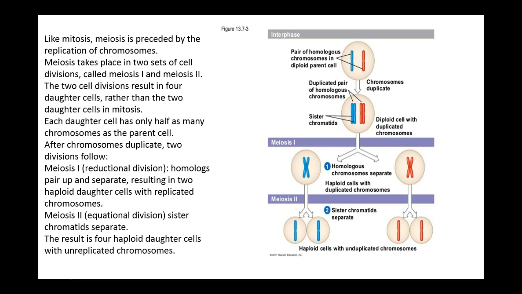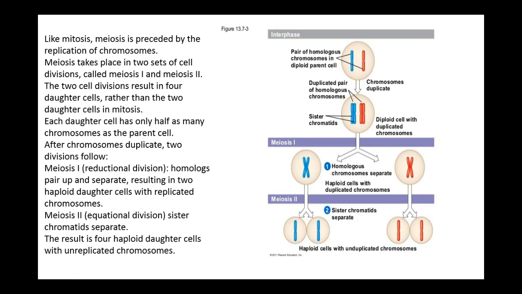And so we still call them haploid daughter cells with replicated chromosomes. In meiosis 2, you have another division, an equational division, where the sister chromatids separate. The result is 4 haploid daughter cells with unreplicated chromosomes.